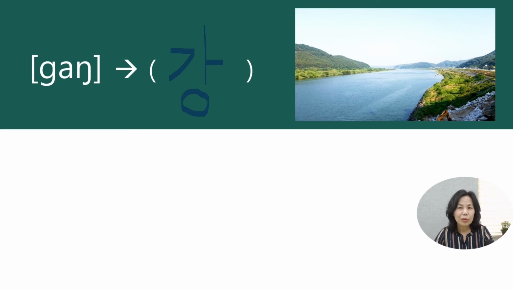Do you remember ㅇ as an initial consonant is silent, no sound, and called a space holder? However, when you use it as a final consonant, it is pronounced with its original sound, ng. So you should read it 강.